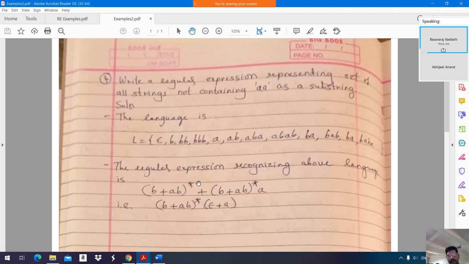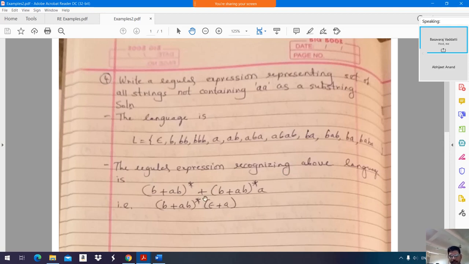We have here (B plus AB) star. This first part of the regular expression will generate the strings which begin with a B. But there are a few strings here which also begin with A or end with A. In that case, the first component of this regular expression does not handle strings ending with A, because I can also have strings like only A, or ABA, or BA, and so on.